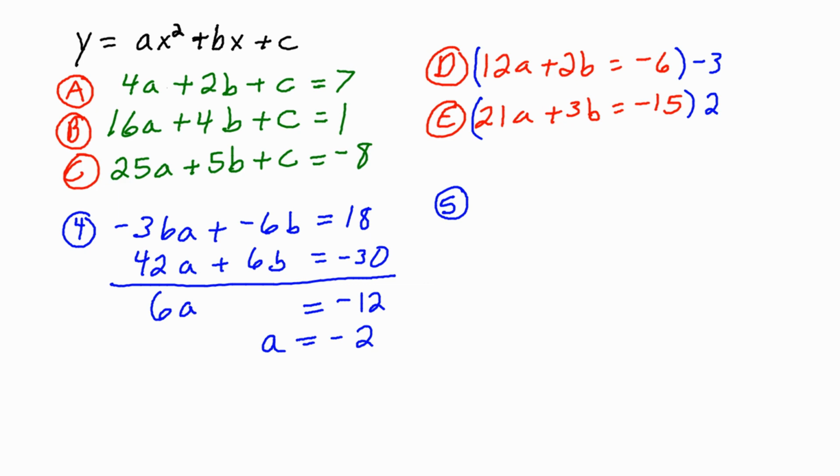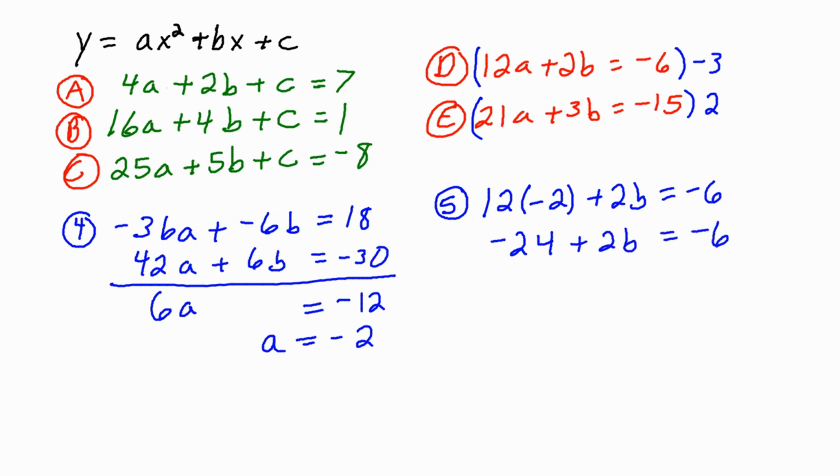I'm going to use D, so I have 12a, so 12 times negative 2 plus 2b equals negative 6. 12 times negative 2 is negative 24, plus 2b equals negative 6. Add 24 to both sides, and 2b equals 18. Divide by 2, and b equals 9.